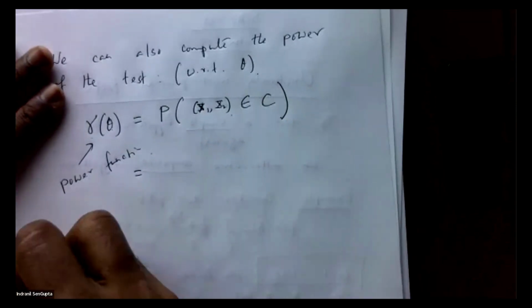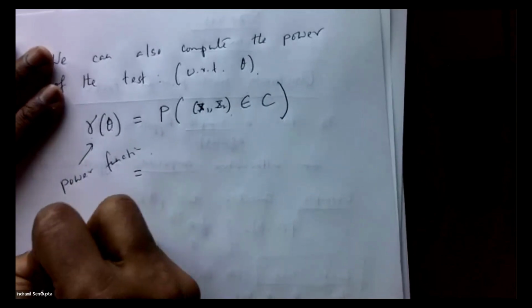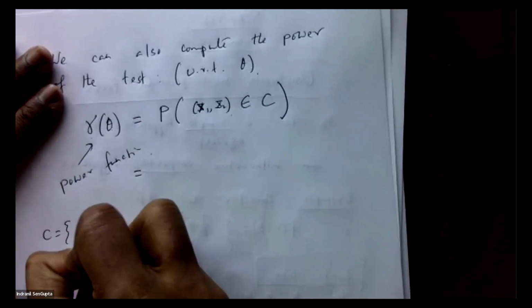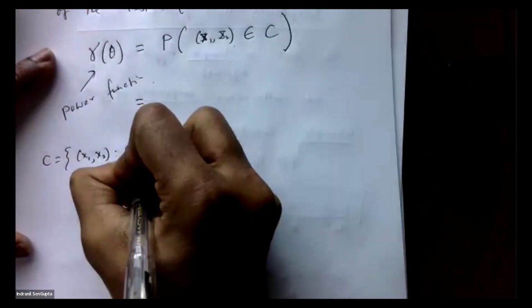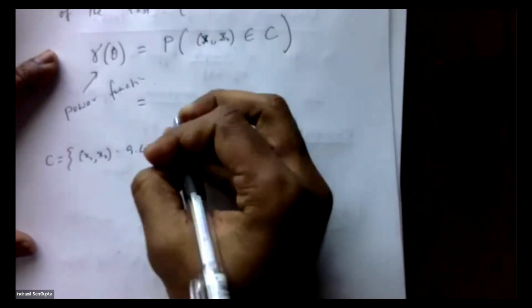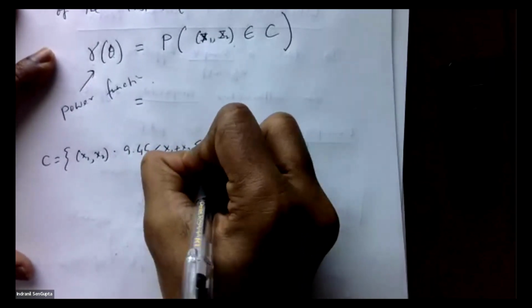So C is really the region where x1 comma x2 such that 9.45 is less than x1 plus x2 less than infinity.